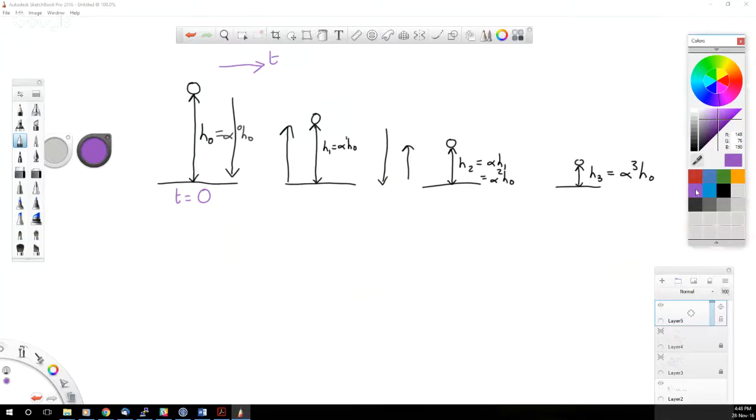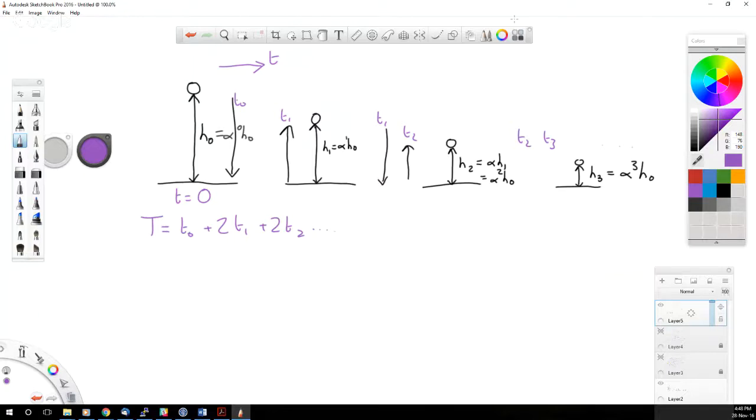So now we've got T0, T1, T1, T2, T2, T3, and so on. And now we want to find our total time. This is obviously going to be a very similar method. We have T0 plus 2T1 plus 2T2, and so on and so forth.